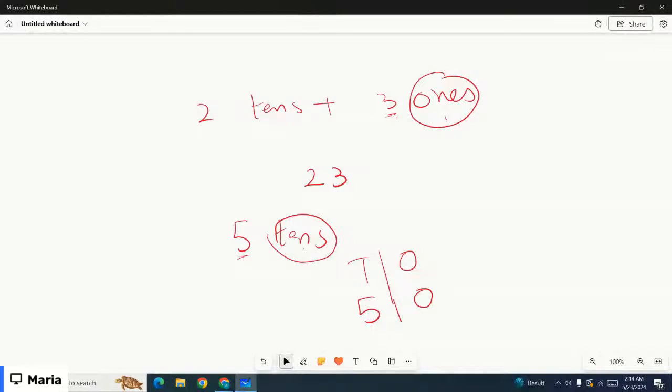Okay, the next example is five tens and seven ones. Five tens plus seven ones. So which is the correct option?